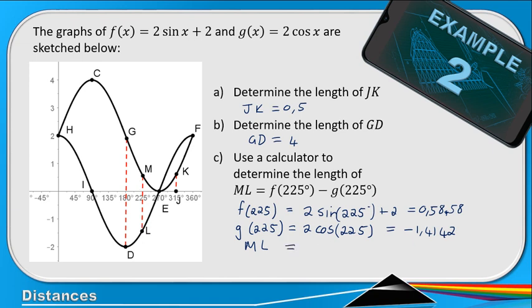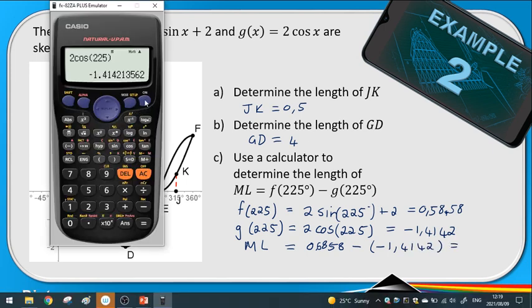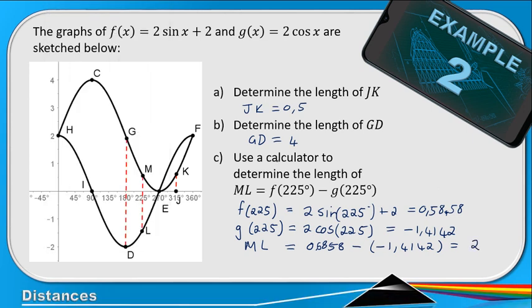So this is going to be 0,5858 minus, and be careful, this is a negative value, so minus negative 1,4142. Let's type that in. This gives us exactly 2 units.